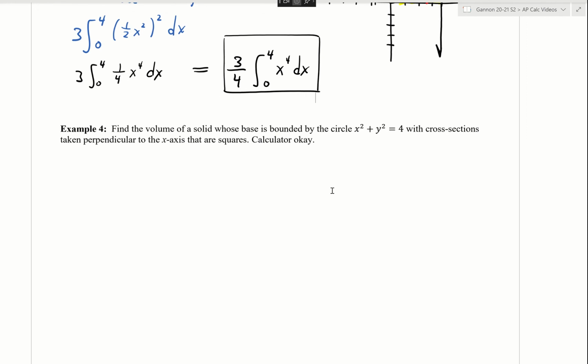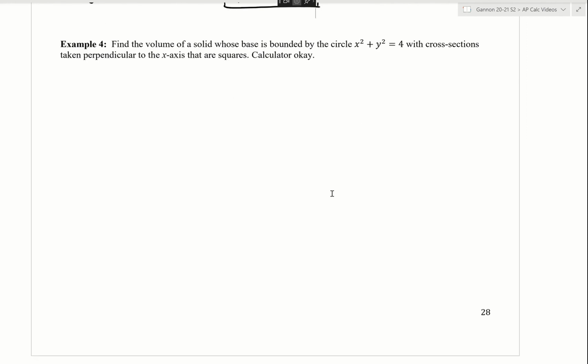All right. For example 4, we want to find the volume of a solid whose base is bounded by the circle x squared plus y squared equals 4, with cross sections taken perpendicular to the x-axis that are squares. So let's just look at a few things.